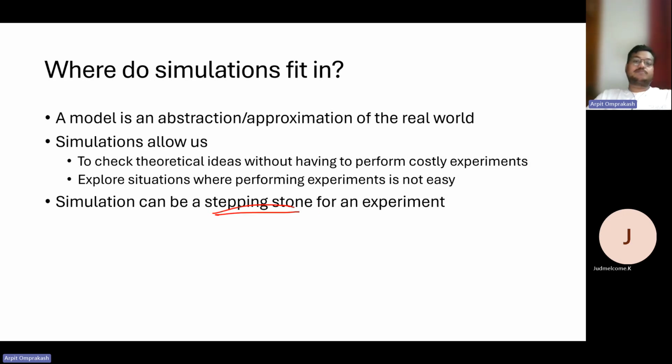Otherwise, sometimes it's very difficult to do certain kinds of experiments in real life, because you cannot have, for example, experiments where you are trying to see cell growth in the absence of food. That's just an arbitrary example to show that there might be some experiments which you might want to do, but which might not be possible or might be very difficult to do in real life, right?